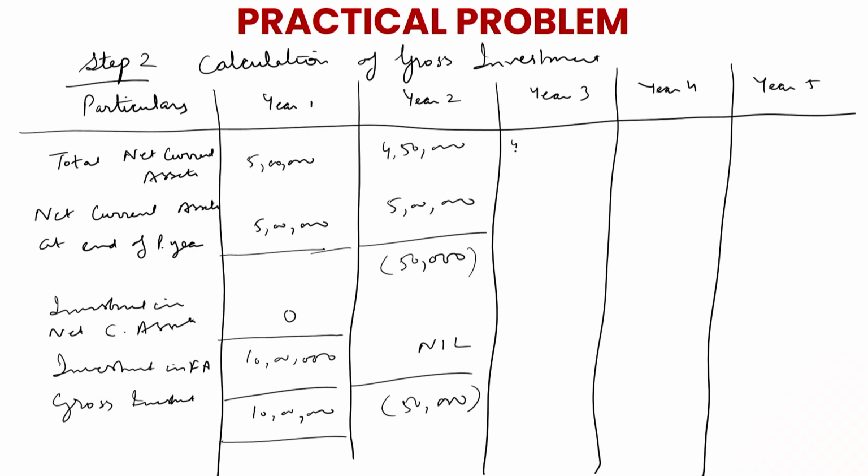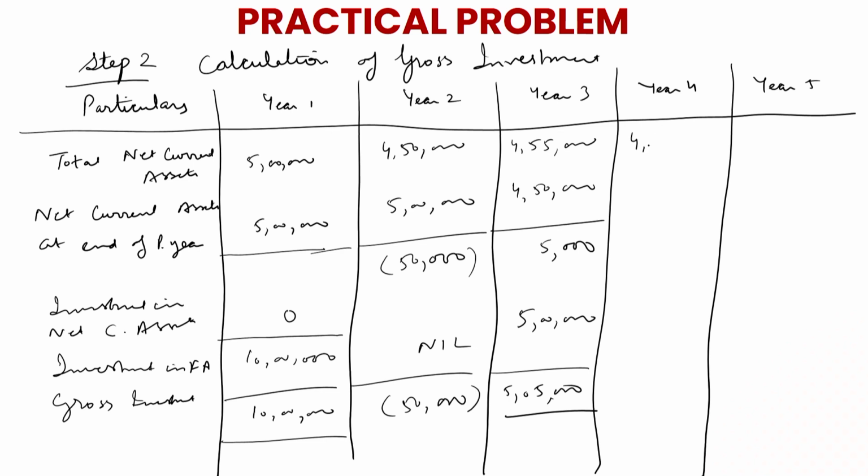Then going to the next year, 4,55,000 to be compared with the past year figure of 4,50,000. We have a positive change of 5,000, and investment in fixed assets is given as 5 lakh rupees. So the total outflow will become 5,05,000 in the third year.